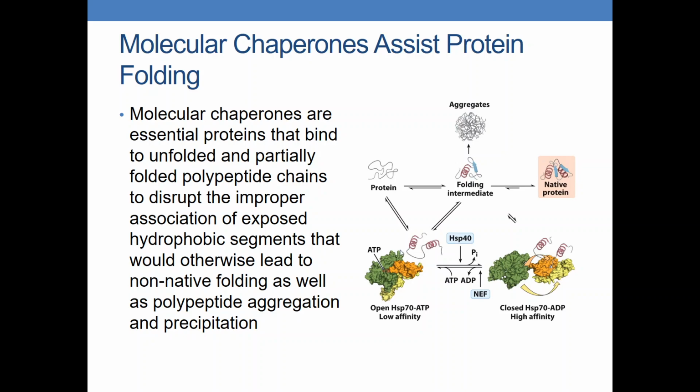So HSP70 exists in equilibrium between an open state and a closed state. These are two distinctly different conformations. Unfolded or partly folded proteins bind first to the open ATP-bound form of HSP70.